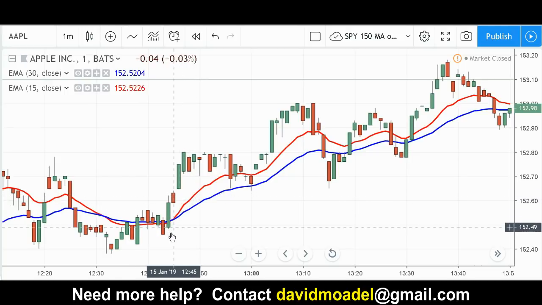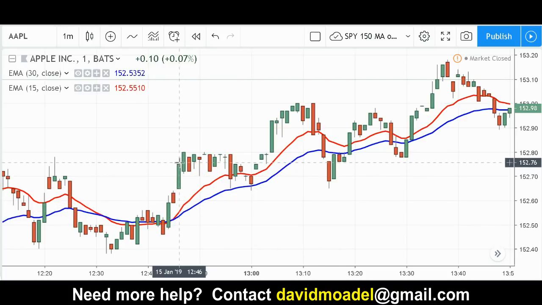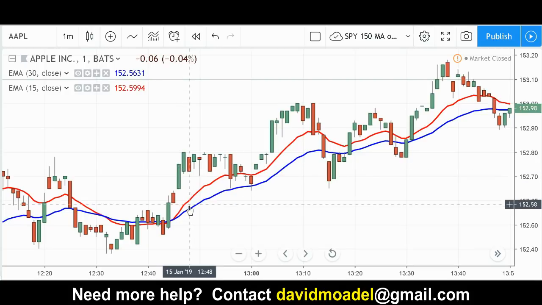All right? So somebody might say, all right, I'm not going to take a long position until the red line clearly crosses above the blue one, and the candlestick has a close, or a closing price, clearly above the faster one, which is the red line, the 15.